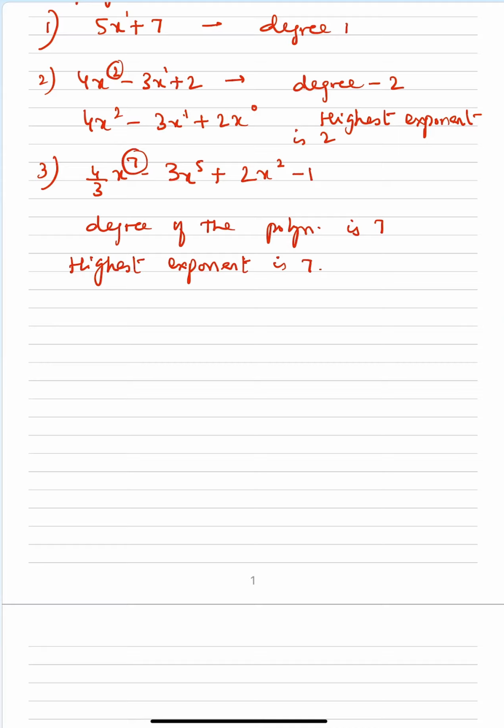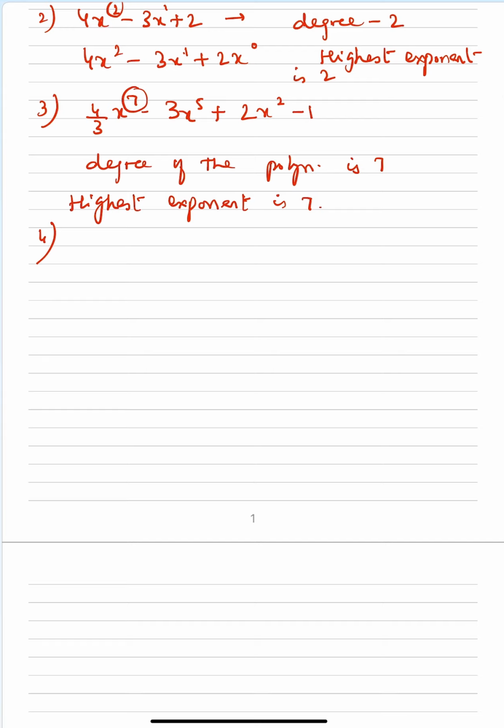Secondly, before that, let us take one more example, that is t minus 7t square plus 5 minus t raised to 3. Now these are not arranged properly in the standard form, but still we know the degree, correct? Here it is 2 and here it is 3. This 5 will be having t raised to 0, correct?